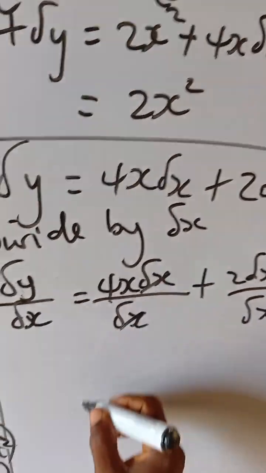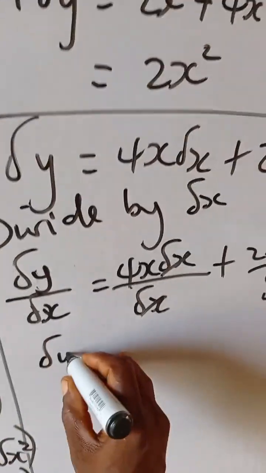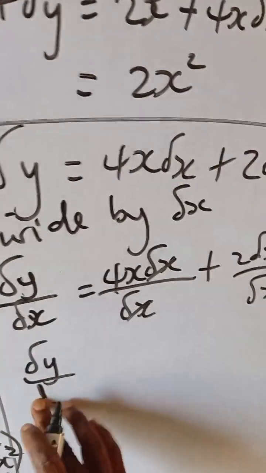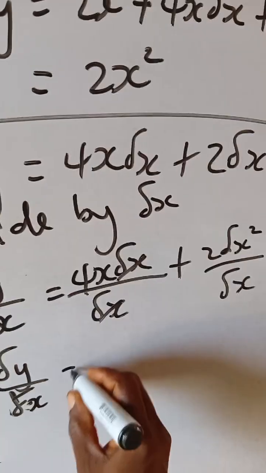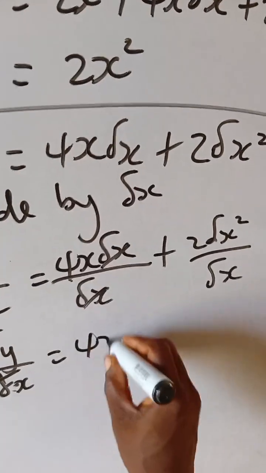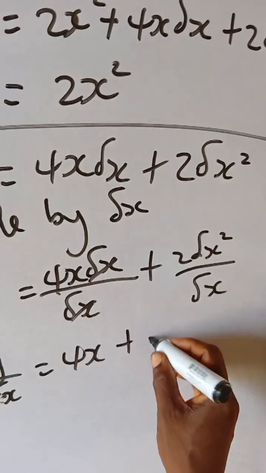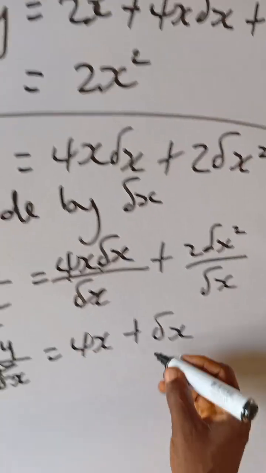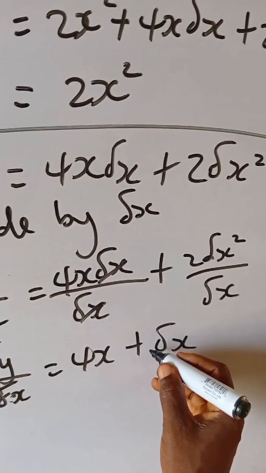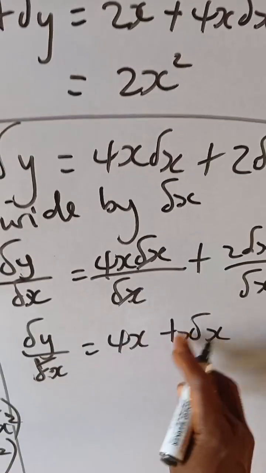So this will cancel this, so I will have change in y over change in x equals 4x plus 2 small change in x.